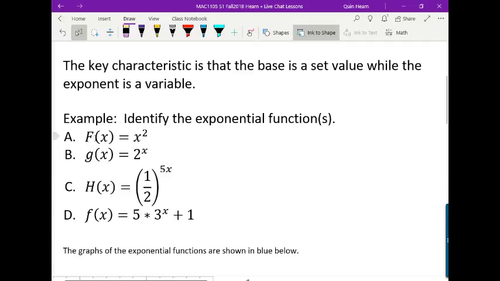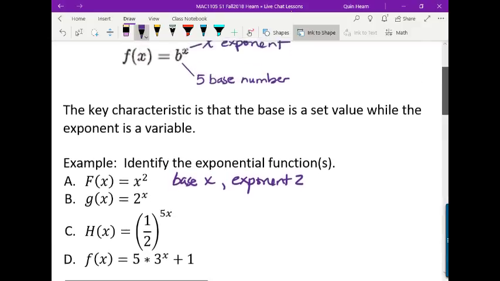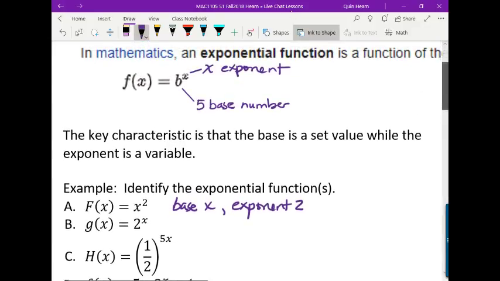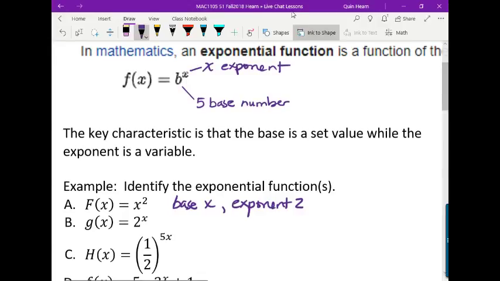So for A, we have capital F of x equals x squared. In this case, the base of this function is a variable x, and the exponent is a number 2. So does that fit the description of an exponential function? Remember, in an exponential function, the base is a number and the variable is an exponent.